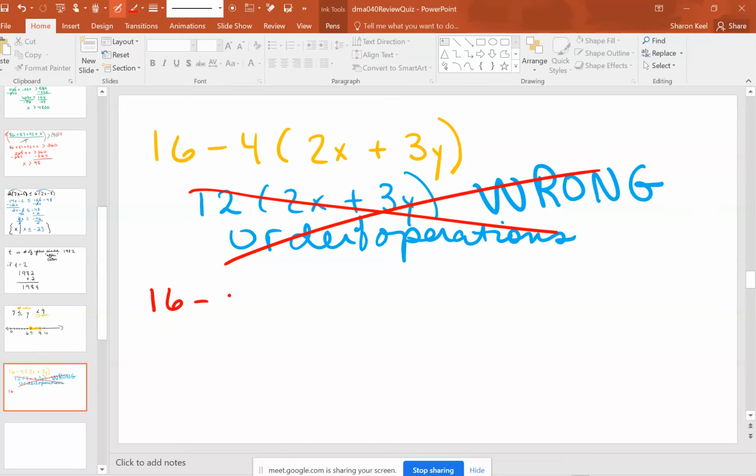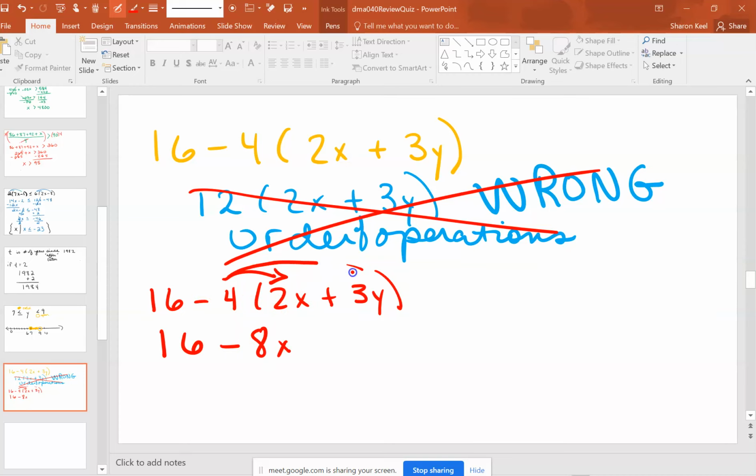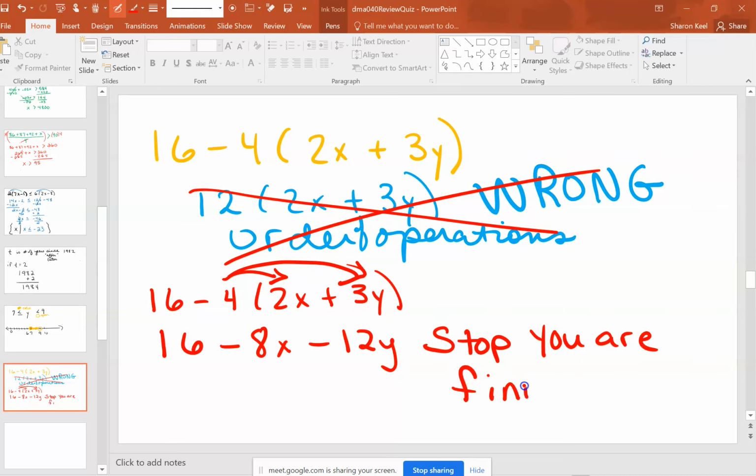Instead, what we're going to do is just a simple distributing. So the 16 stays the same. Negative 4 times 2x is negative 8x. Negative 4 times 3y is negative 12y. Once you get here, stop. You are finished. There's no more combining to do.